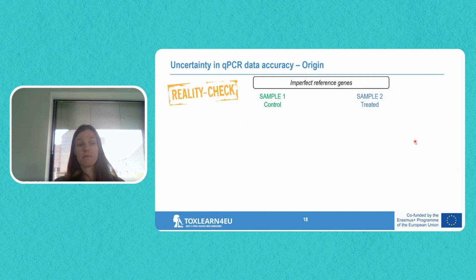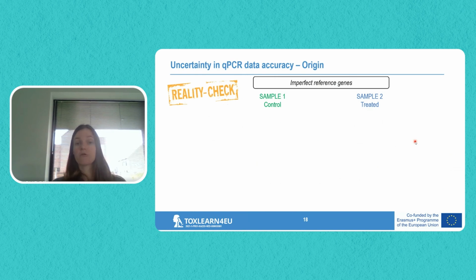However, in reality, this is not the case because reference genes are not perfect. Of course, we try to use reference genes that are as close to perfect as possible, but they are never 100% perfect. So this means that in real life, reference genes will also show small differences in expression between different conditions.